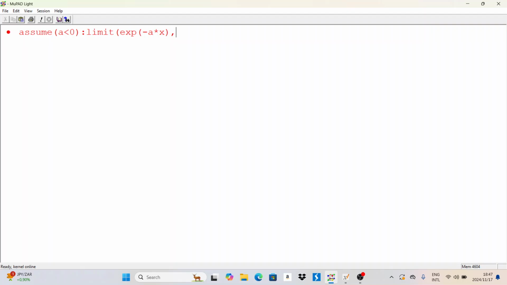And then x is equal to infinity, because our x approaches infinity. So this is it. Then we put our semicolon. Then we check our assumption. Then we found infinity, right?